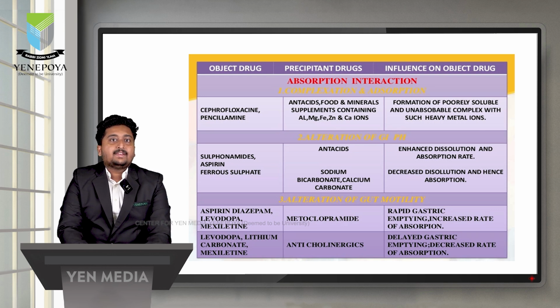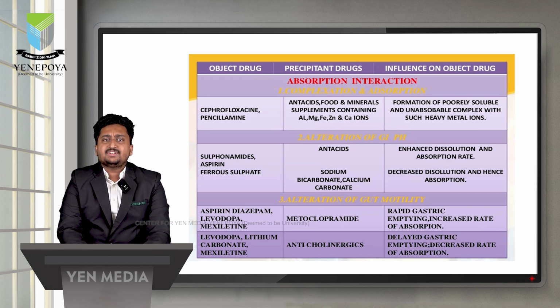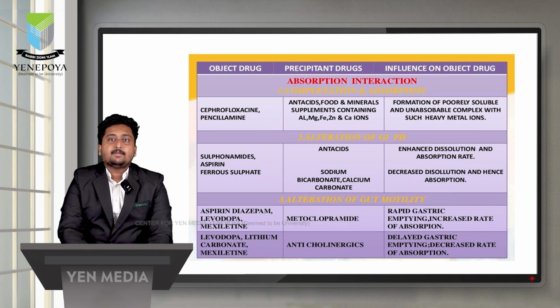Next example is levodopa, lithium carbonate, and maxillotin with anticholinergics. There is the opposite effect, that is, delayed gastric emptying. In case there is delayed gastric emptying, the absorption rate will also be decreased.